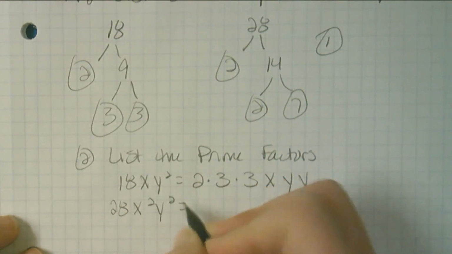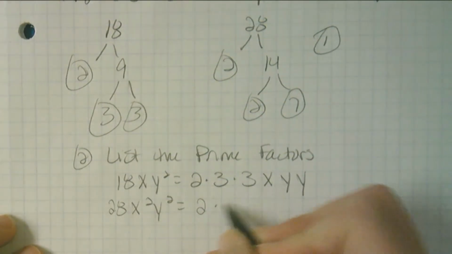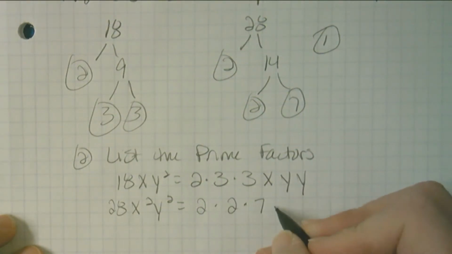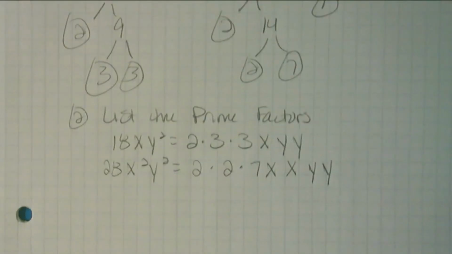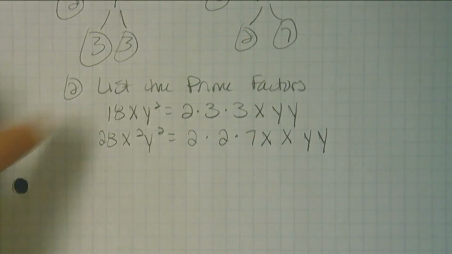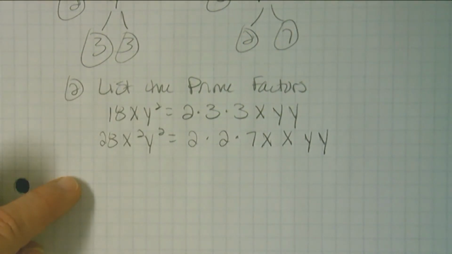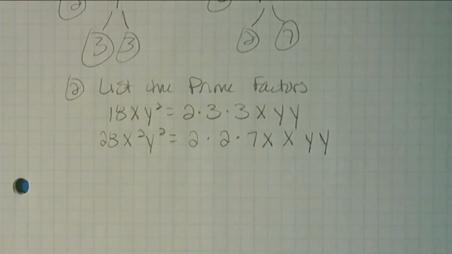Don't forget we want that whole monomial. That's going to be equal to 2 times 2 times 7 times x times x times y times y. Questions so far? And I want you stacking them like this. AJ, sit up. You're taking notes sitting up.